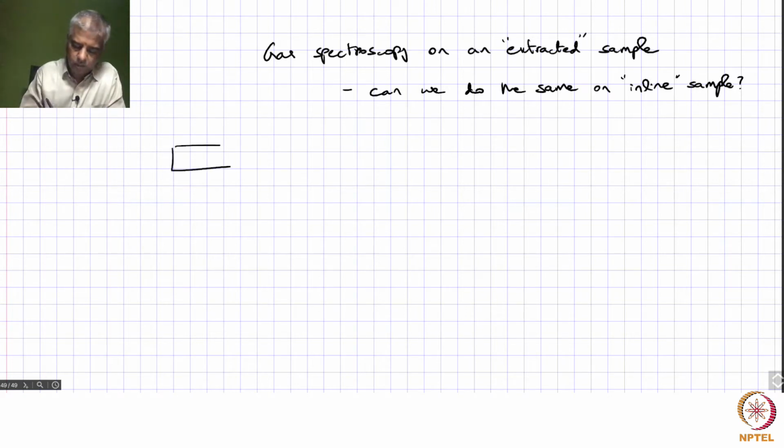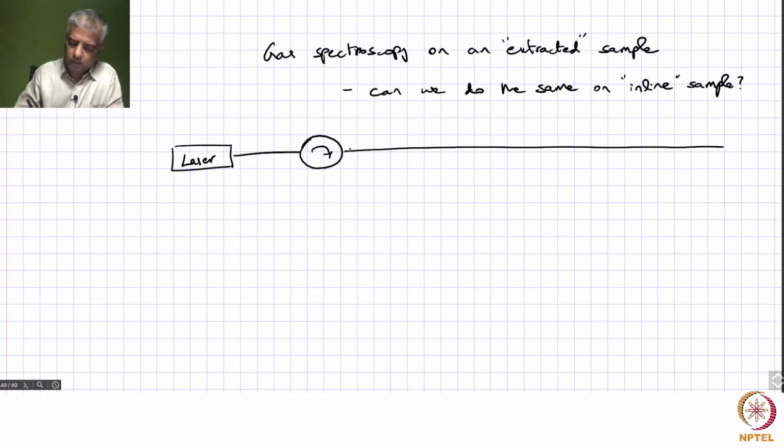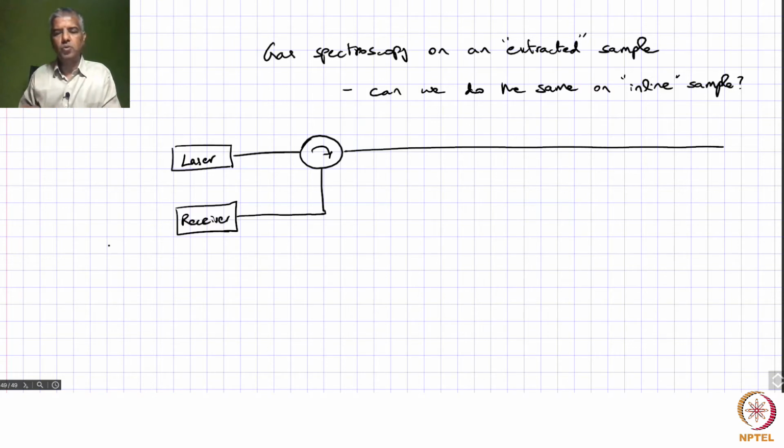So we saw that we could take a laser, send the light through a circulator, and then send it through a long length of fiber, and whatever backscattered light is there, we can capture it using an optical receiver.